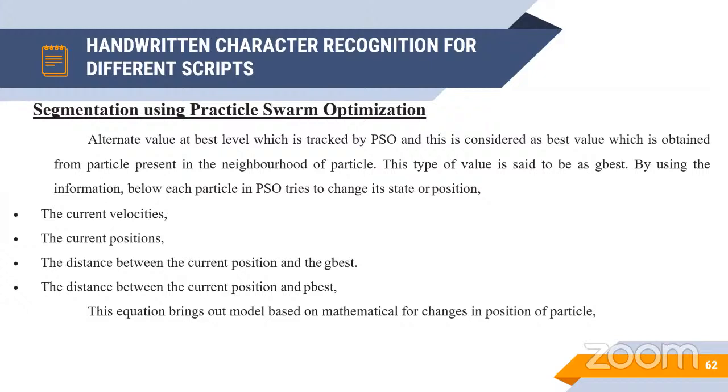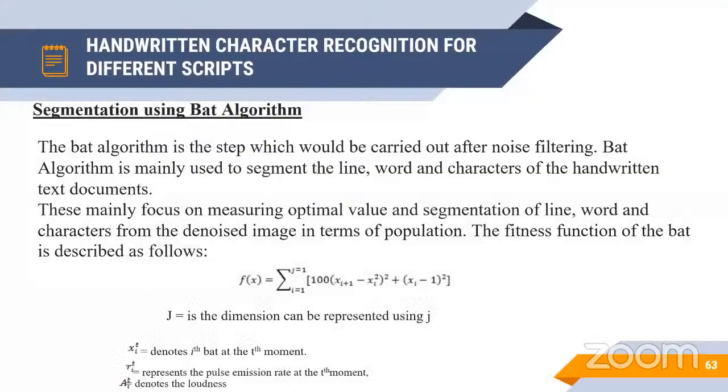This method is used to represent the neighborhood pixels in the image, such as the current velocities and the current positions of a particular character, even the distance between the current positions and the other pixels, G best and P best. This method is used to identify the neighborhood pixels.